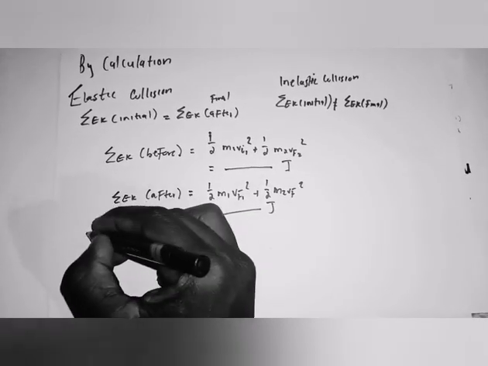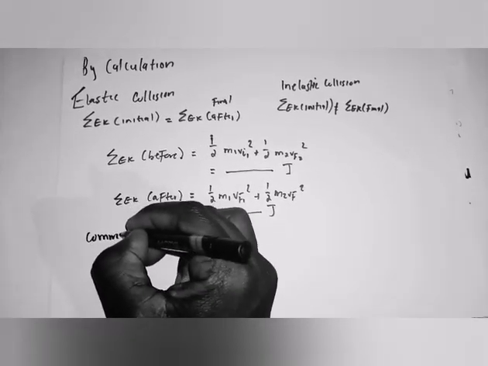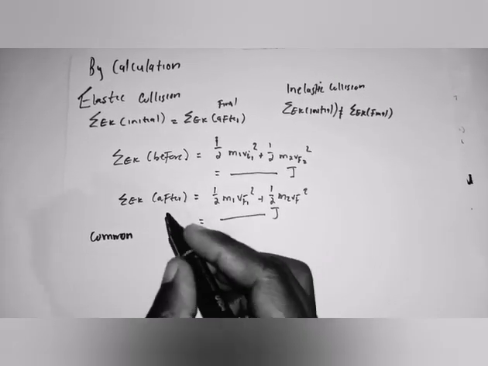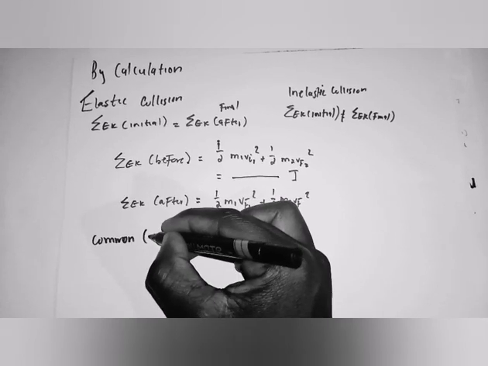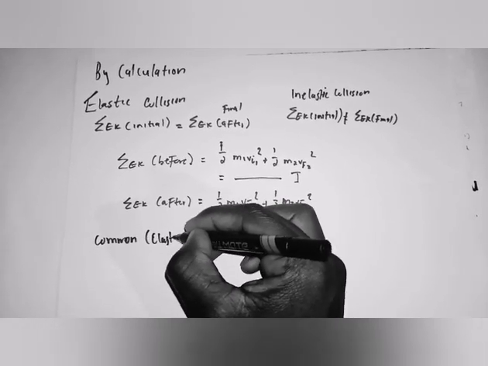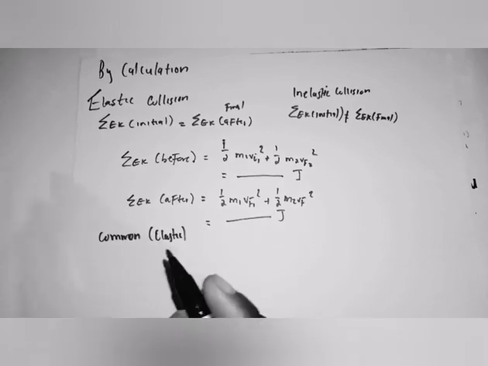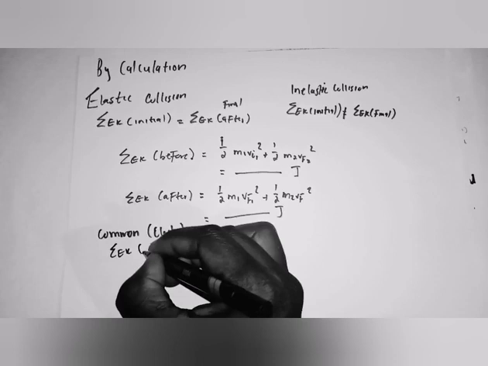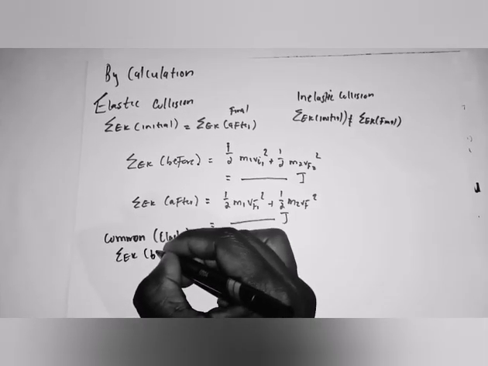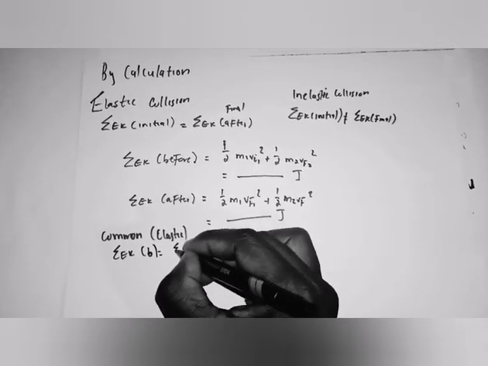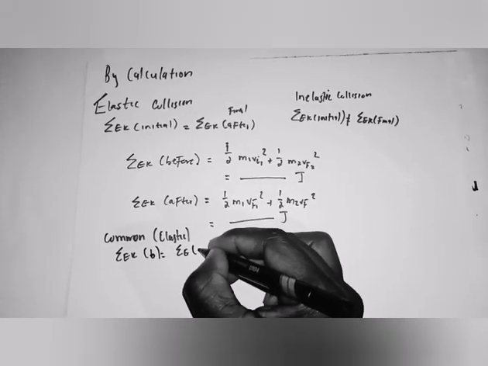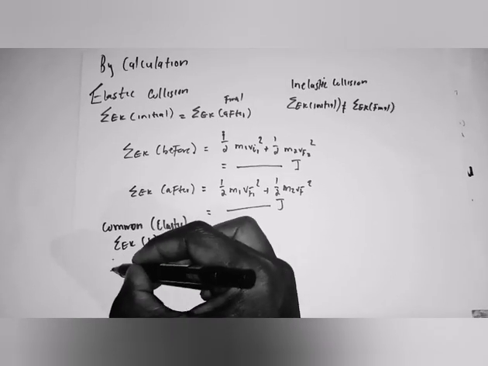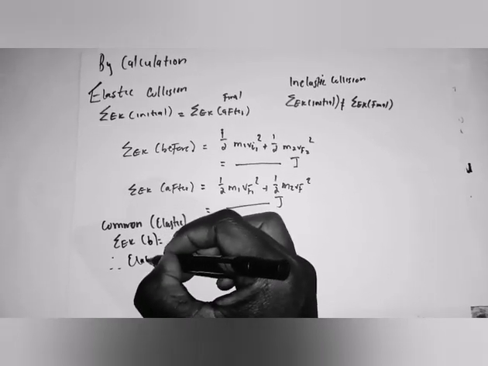If you got a common answer when you calculated EK before and EK after, it means that the collision is elastic. Therefore, before saying elastic, you say sigma EK before equal to sigma EK after. Then that is when you will say, therefore the collision is elastic.